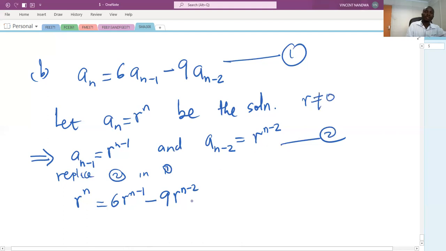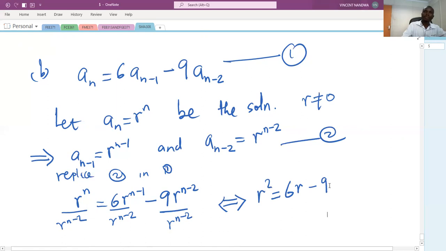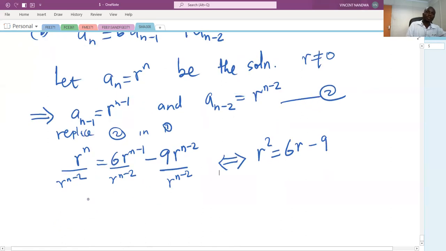So dividing through by r^{n-2}, this will give us r squared equals 6r minus 9. On rearranging, we'll have r squared minus 6r plus 9 equals 0.